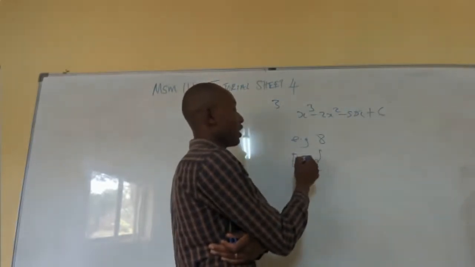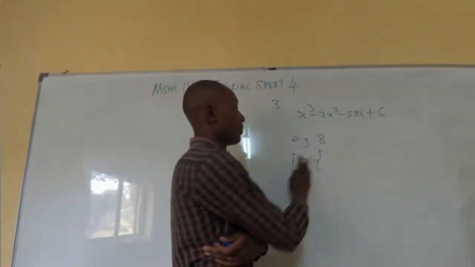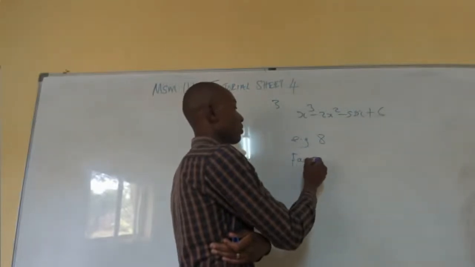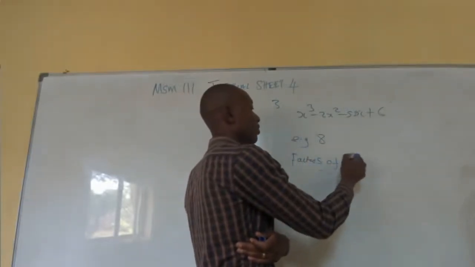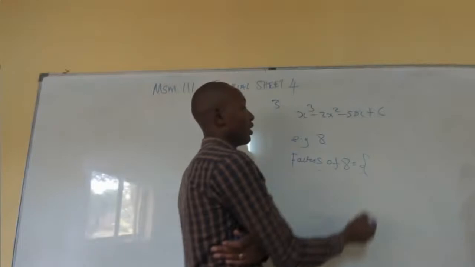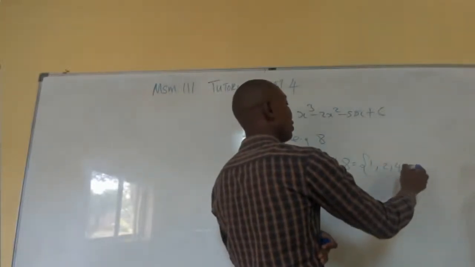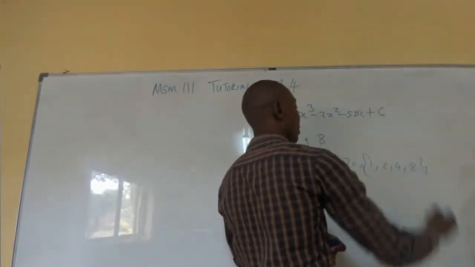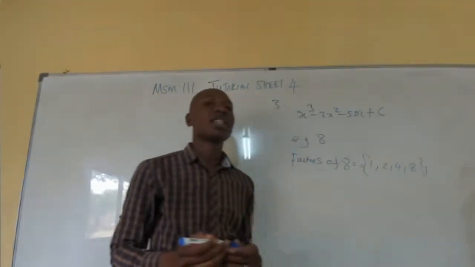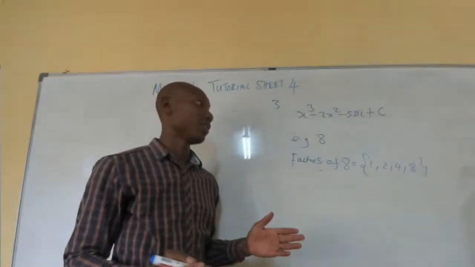So the factors of 8, in this case we have 1, 2, 4, and 8. So these are the numbers that can actually go into 8 without leaving a remainder.